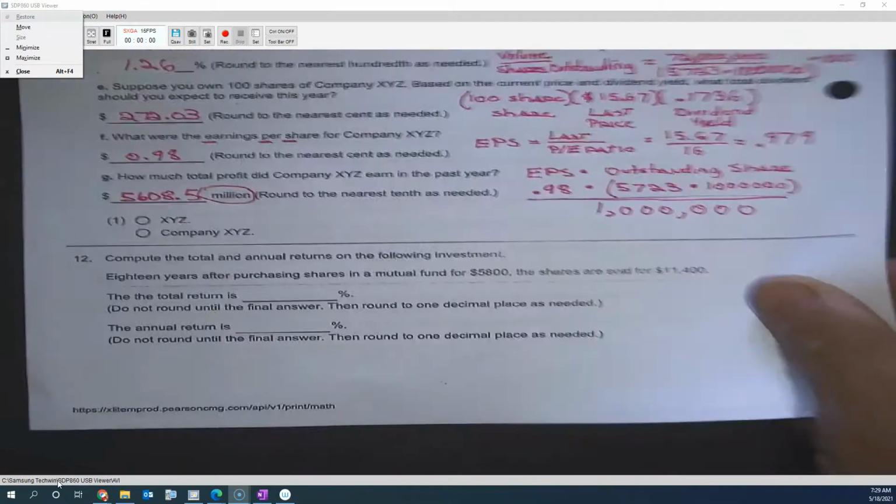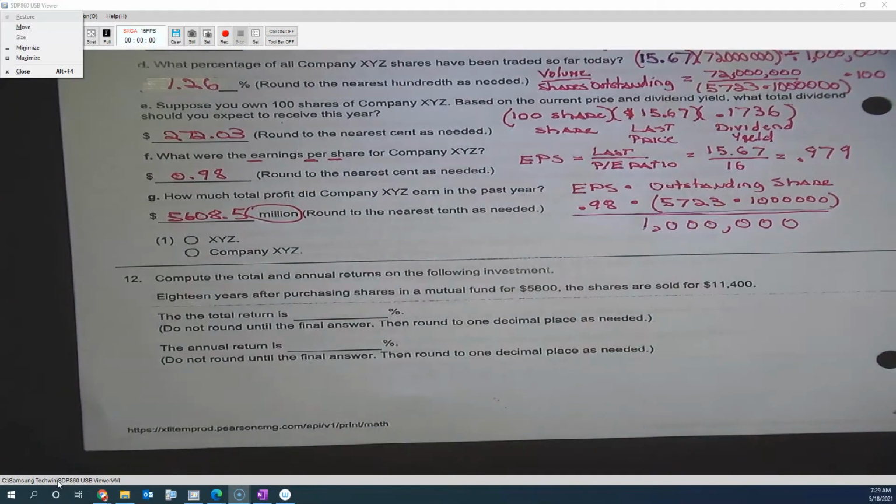All right, and then the last question on that was how to calculate the total return versus the annual return. Total return versus annual.